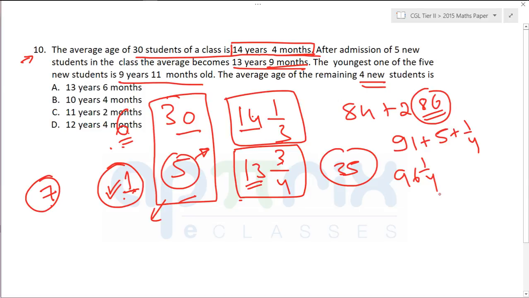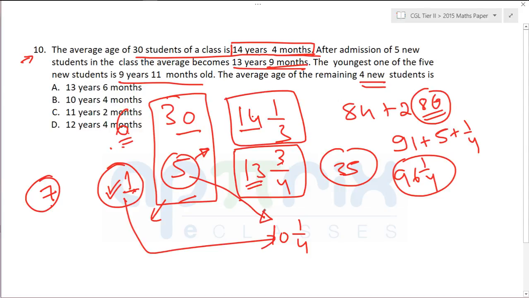So what it is telling you is that the 7 members have 96 1/4 as the age, and the 6 members have 86. Now tell me the difference. If you take the difference, you get 10 1/4, and this corresponds to one member, or to a group of 5 members. Now I'm going to ask you a question.